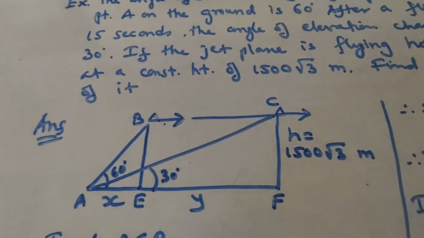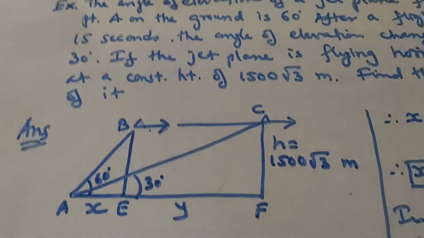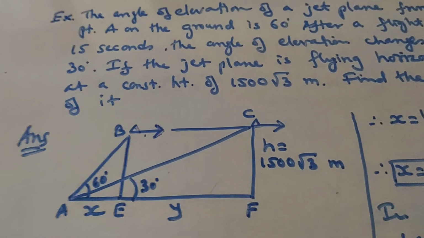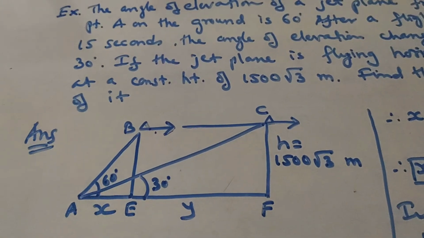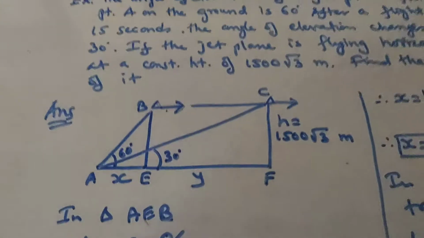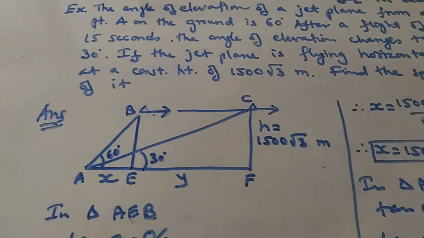The jet is moving in a horizontal manner with the same height, that is 1500 root 3 meters, and we have to find out at what speed the jet is flying.